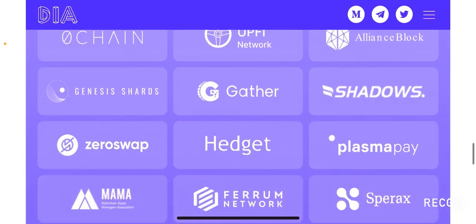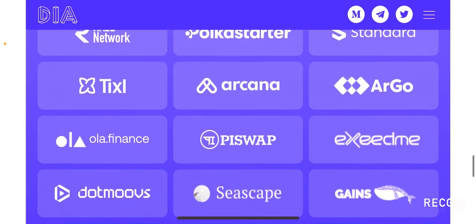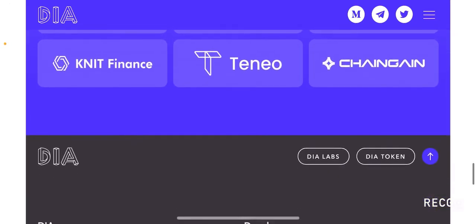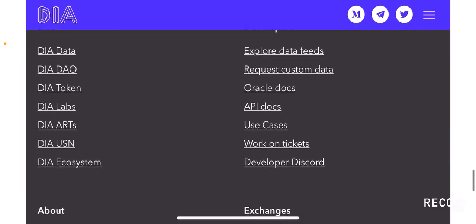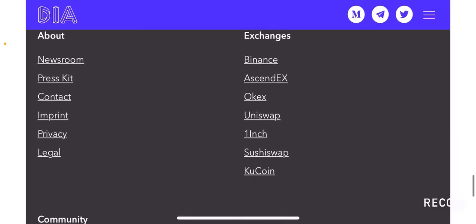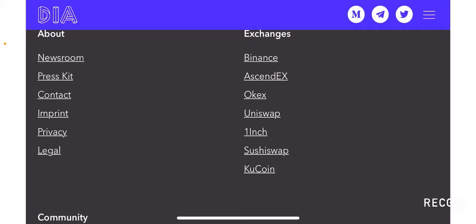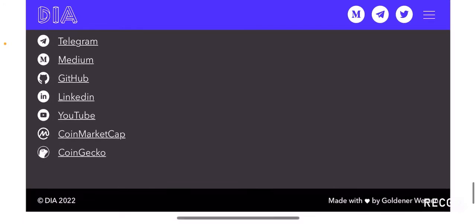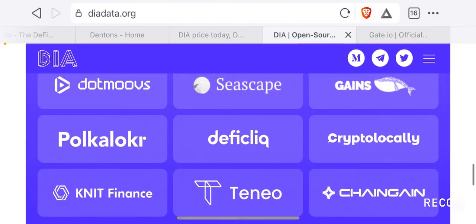I'll let you go through this list here, and if you scroll to the bottom, you have the token information, which you can click and understand. They also have their social media information, along with their newsletter and the exchanges they've listed on, which we'll cover shortly, and other information you can use to do some deep dives into this project, right? It's a pretty cool platform and a pretty cool project that I'm really looking forward to.